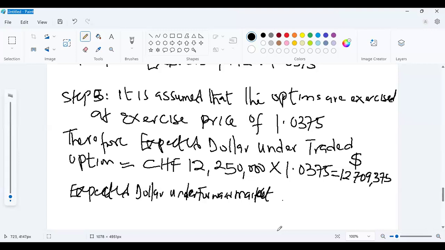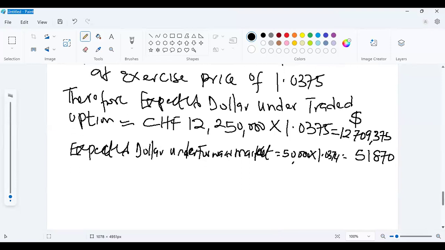Under forward markets, remember, we have 50,000. This will be converted at 1.0374, is that not? That will give us 51,870. The same thing that happens under traded futures.